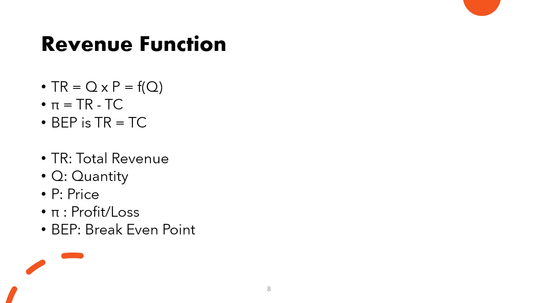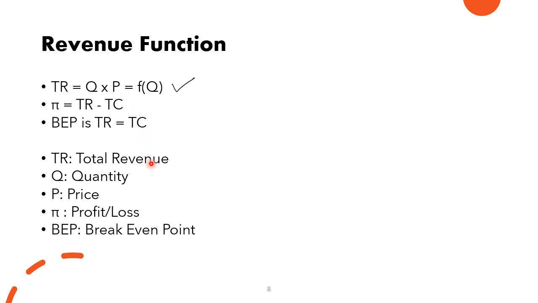Now then, the revenue function. As we know, the revenue function is Q times P or P times Q, price times the quantity sold, and then the profit here is TR minus TC.